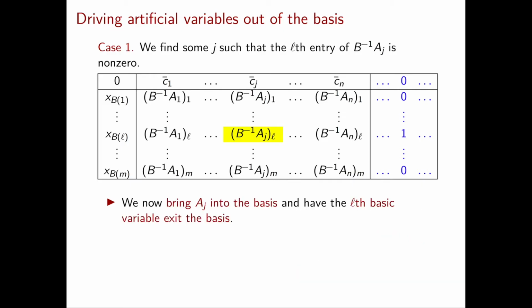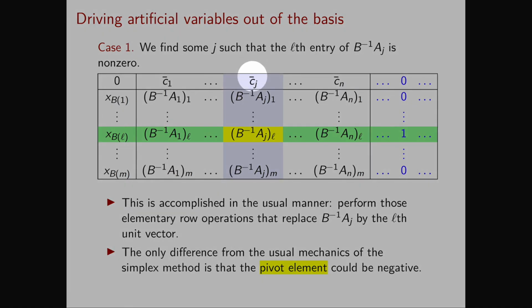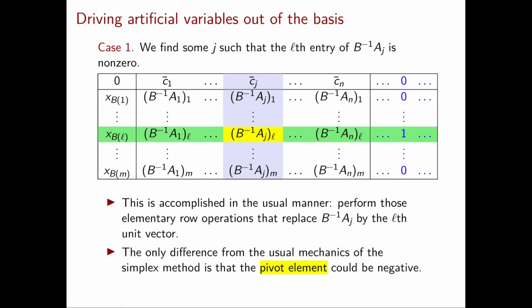As we've already discussed, what we want to do now is to bring xj into the basis, taking the place of xBL. In other words, we want to bring Aj into the basis and have the nth basic variable exit the basis. And we know that this operation can be performed with a pivot. Everything we need to do is to perform those elementary row operations that replace the jth column, which is B inverse Aj, with the nth unit vector.